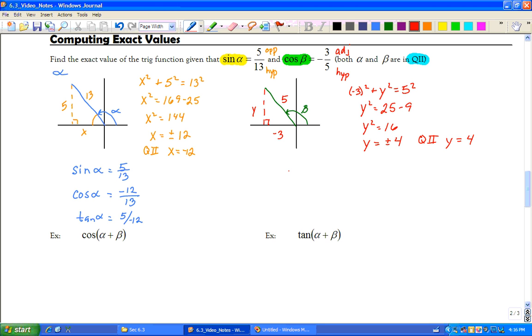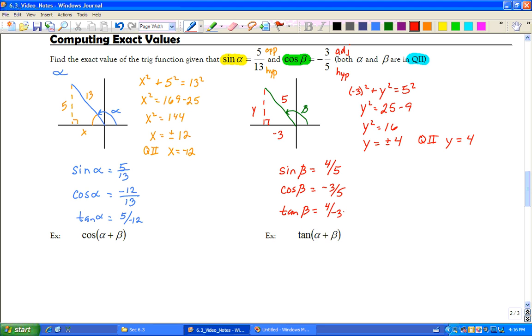And let's set up all of our trig ratios. So we know that the sine of beta is going to be opposite, which is 4 over hypotenuse. Cosine beta was given to us as -3/5. And tangent beta is equal to opposite over adjacent. So there are all of our ratios. Now that's just the setup.